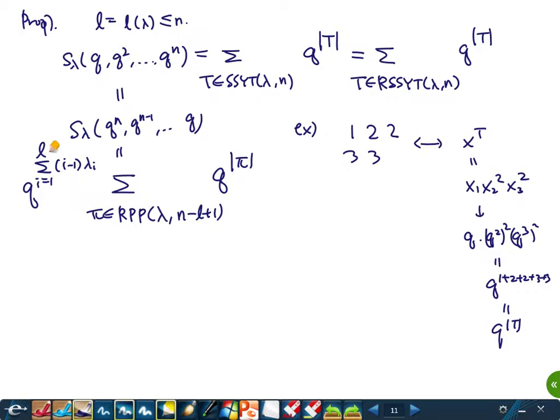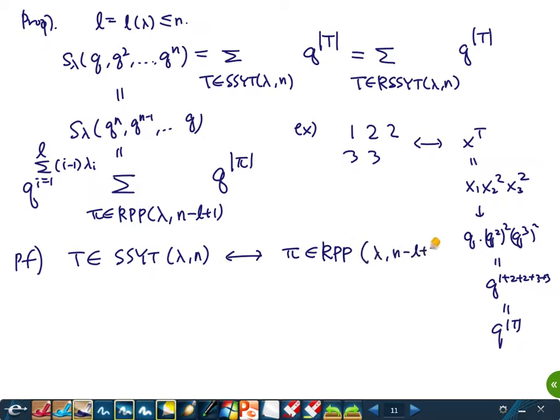Why? The only difference between semi-standard and reverse plane partition is the following. Maybe we can consider, okay, let's prove this. We only need to prove this reverse plane partition thing. Semi-standard Young tableau. There is a very simple bijection between this and reverse plane partition. Can you imagine?